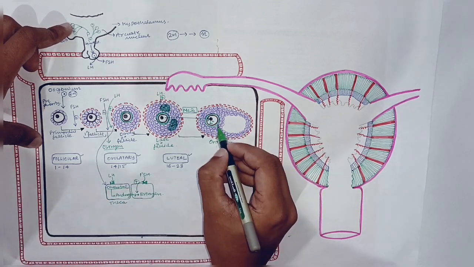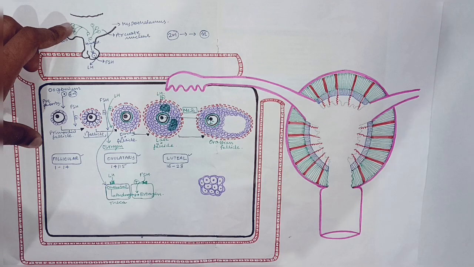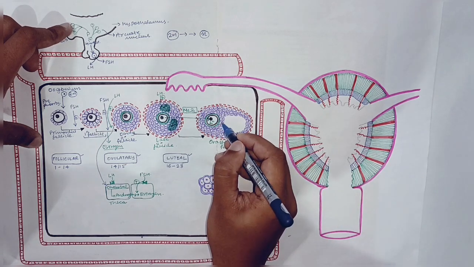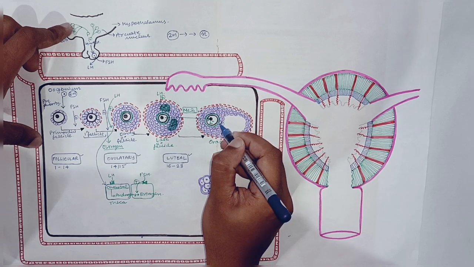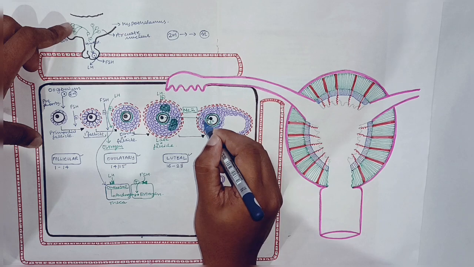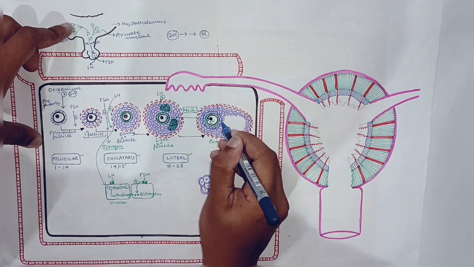Now, can you see this zona pellucida layer? The outer portion of this zona pellucida layer, the granulosa cells, are converted into another special type of cells, and that's your corona radiata.